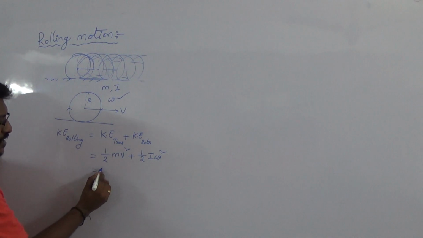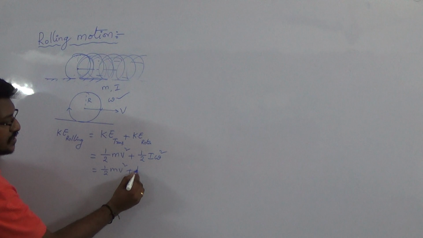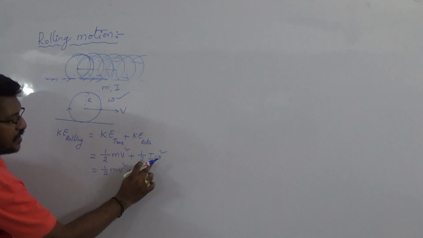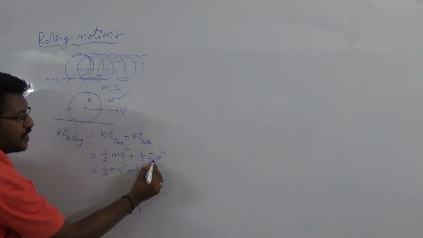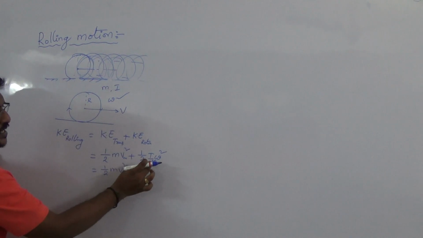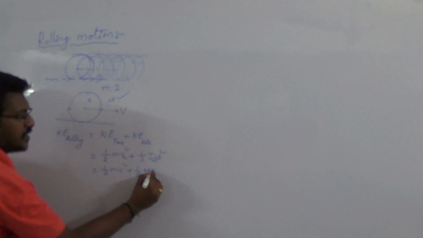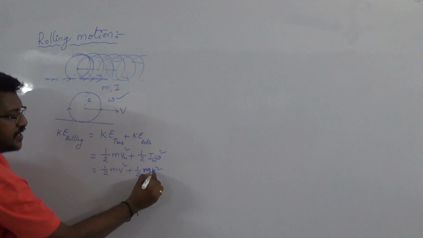From that we can write half m v square plus half I omega square, where I is the moment of inertia of this body with respect to the axis passing through the center of mass, and v is the velocity of the center of mass. For any body we can write I as m k square, where m is the mass of the body and k is the radius of gyration.